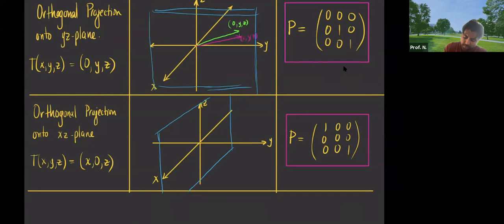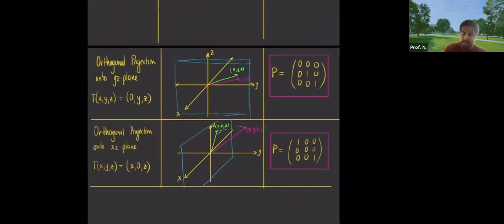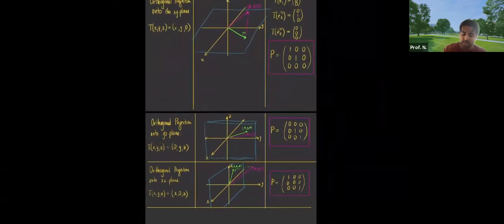So we have some vector in space, x, y, z, and then we project this along the xz plane. And so this would be x comma 0 comma z. Something to that effect.